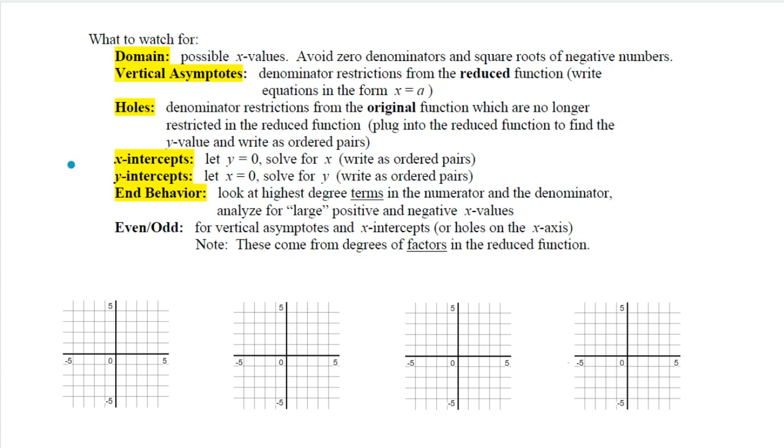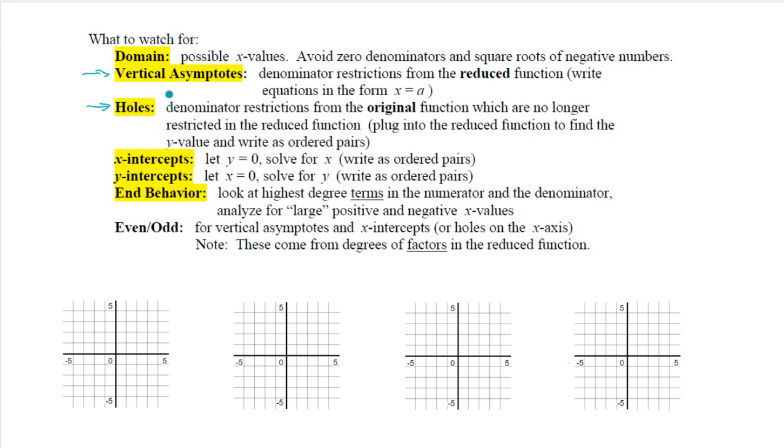This will help you identify the domain, and then you can apply any transformations to modify that domain. One of the key points that will help with is finding our vertical asymptotes and our holes, as we identify places in the domain that cannot be used or don't exist.